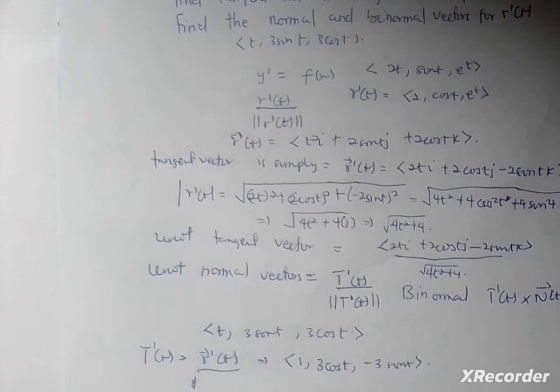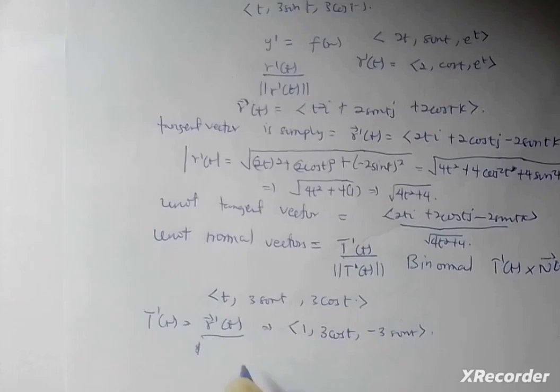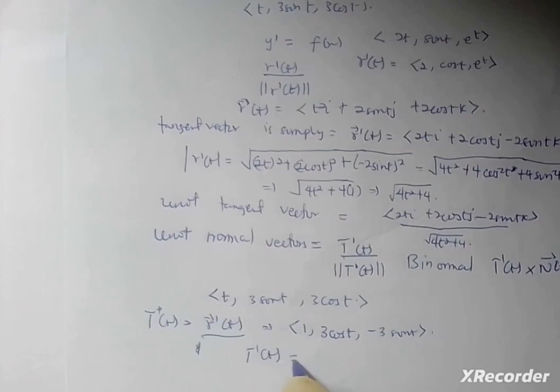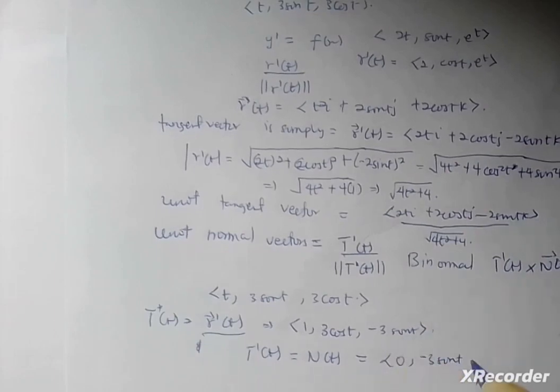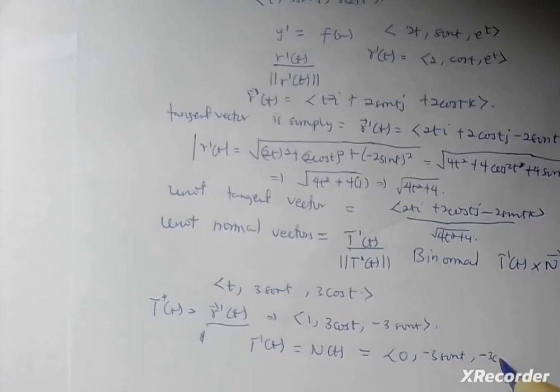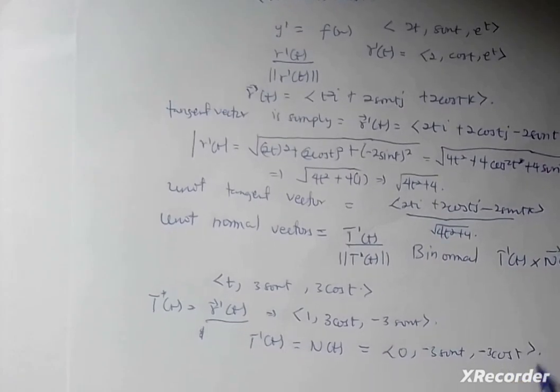And if I differentiate this again, then I'll get my normal vector. So this is T of t, so T prime of t, which is N of t, will be equal to 0, then negative 3 sin t, then negative 3 cos t.